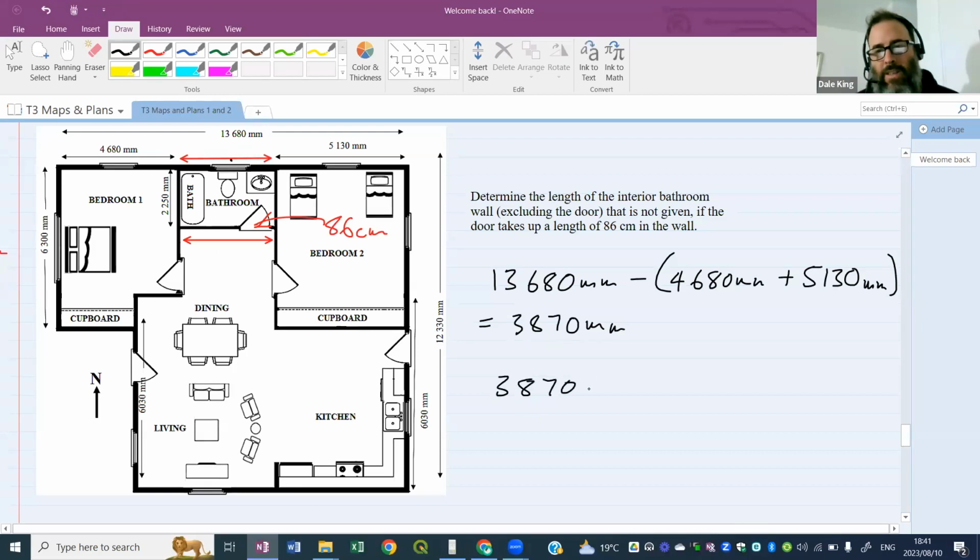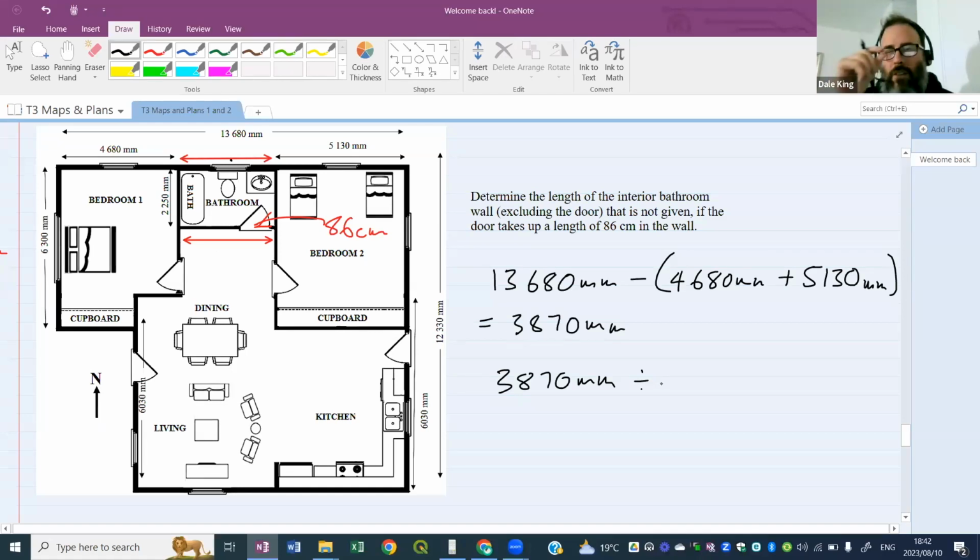Oh, so wait. Before you subtract, you have to convert it, because this is still in millimeters. There we go. Tell me how to do that. You're going to divide it by 1,000. How many millimeters in a centimeter?